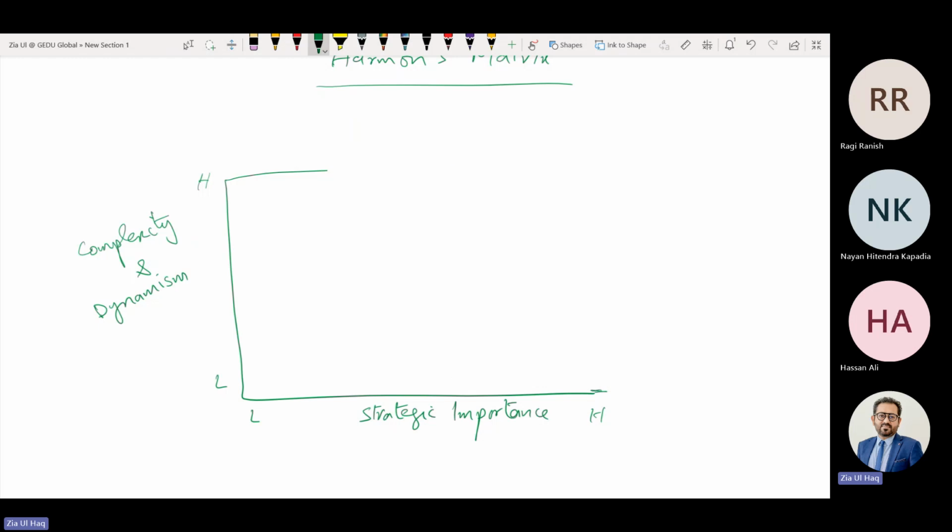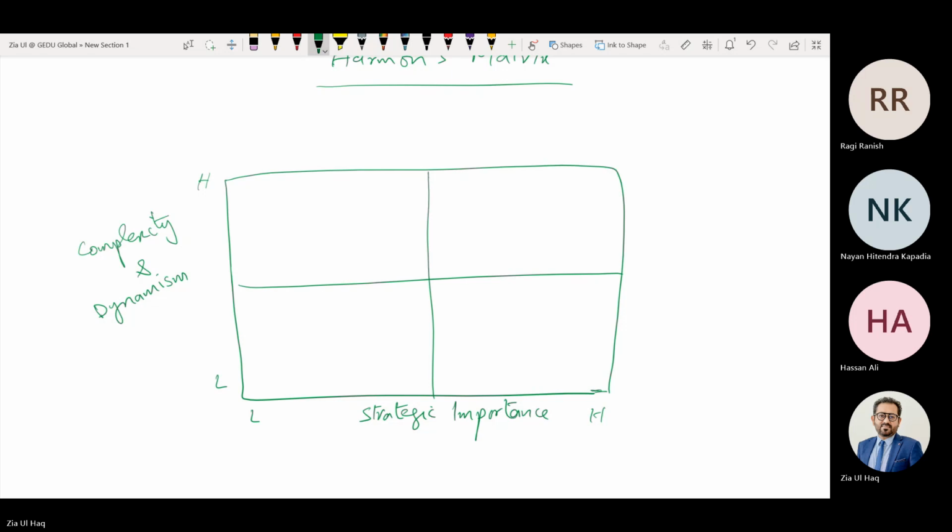And from here we get this 2x2 matrix: strategic importance high and low, complexity and dynamism high and low.